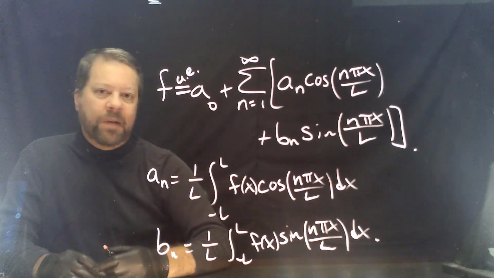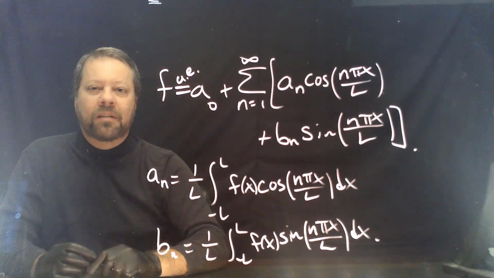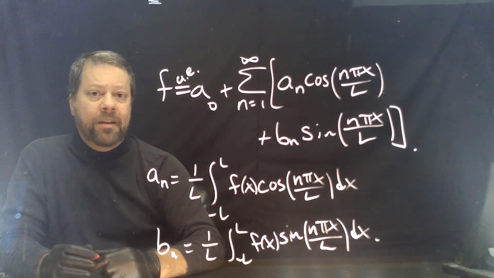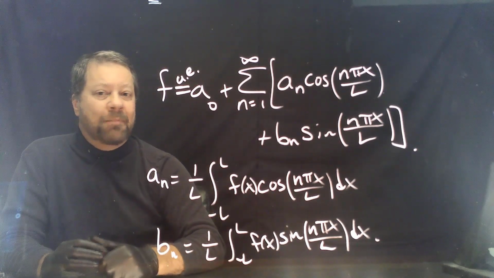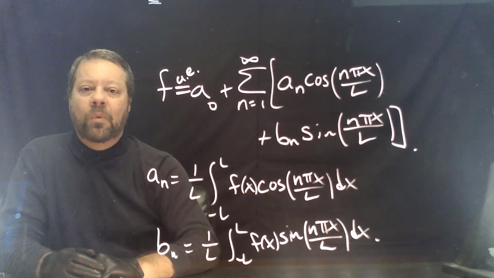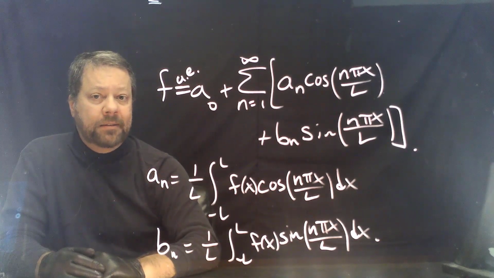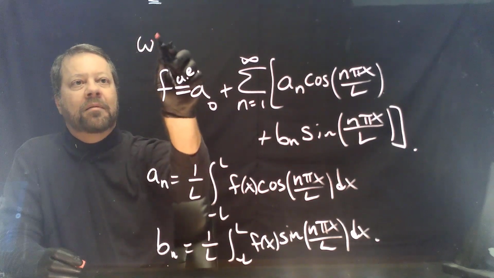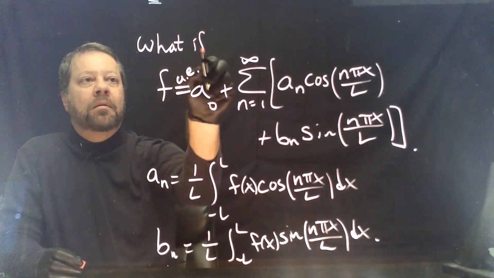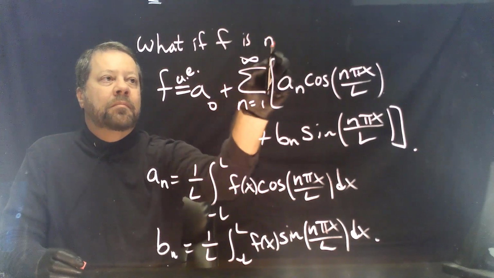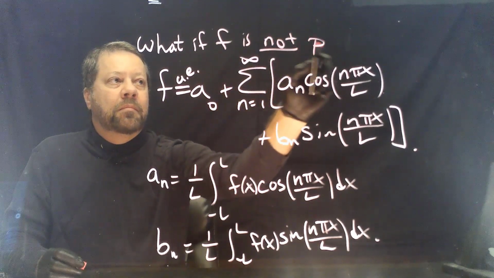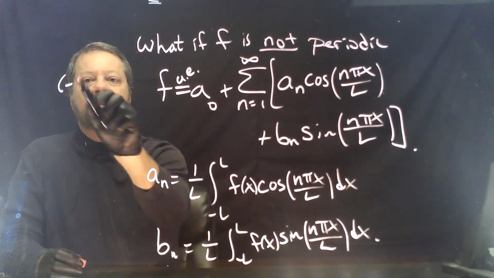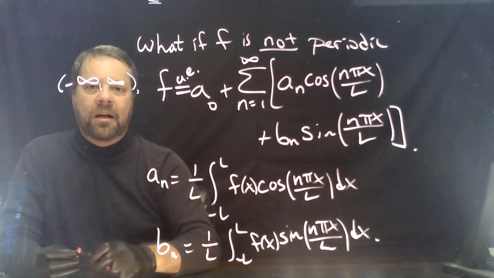And a naught, of course, by projection onto the unit 1. This method worked pretty well, but again, provided f was 2L periodic. What if your function is not periodic, but it is defined on the entire real line?